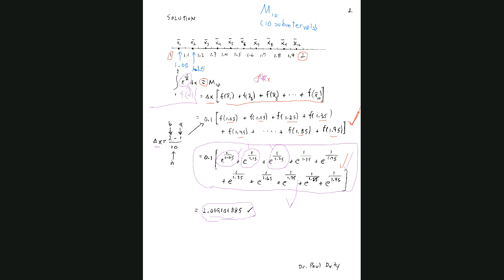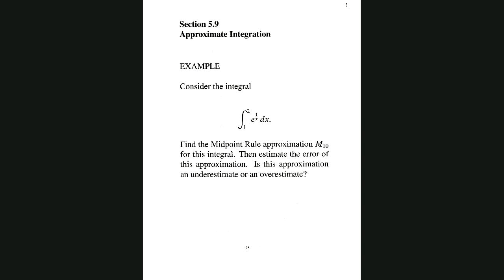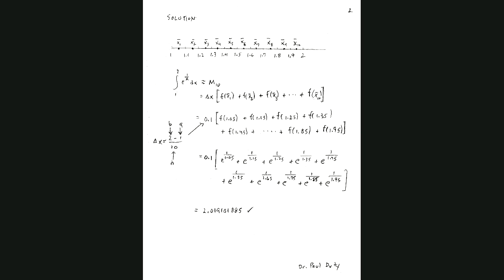So what we're going to do on Thursday is continue this problem and work on the portions where we estimate the error in the approximation, and then see if the approximation is an underestimate or an overestimate. So we're going to continue this problem on Thursday. But are there any questions on this at all? All right, I'll stop the recording.